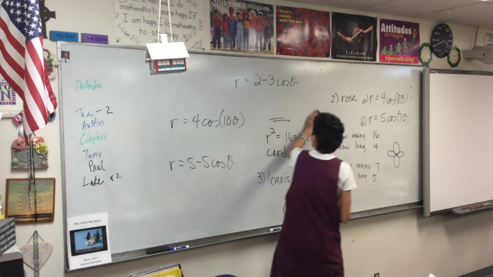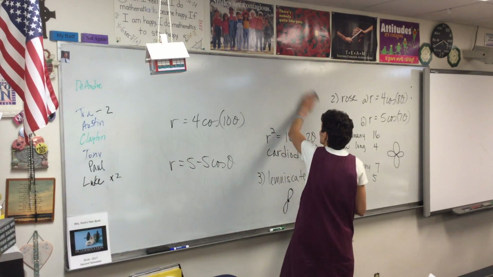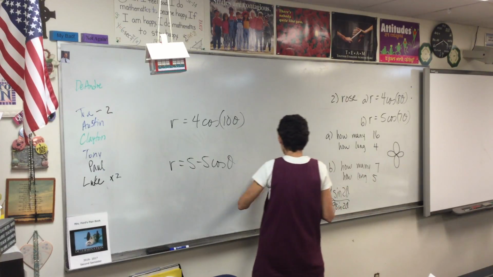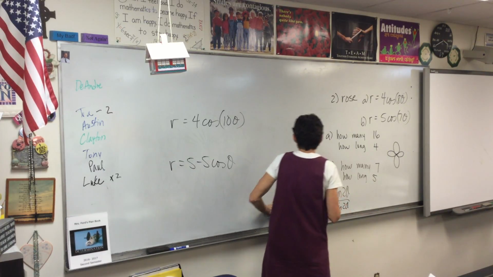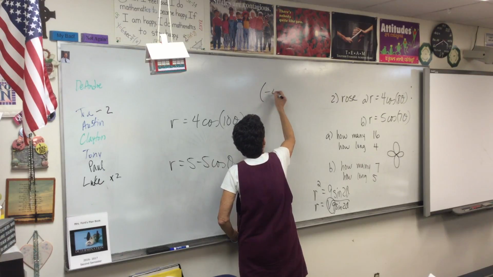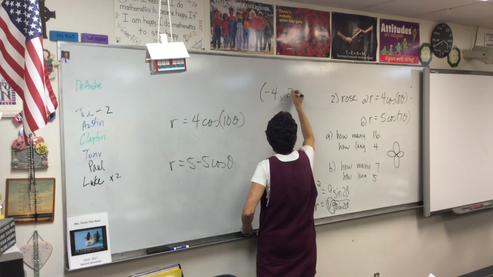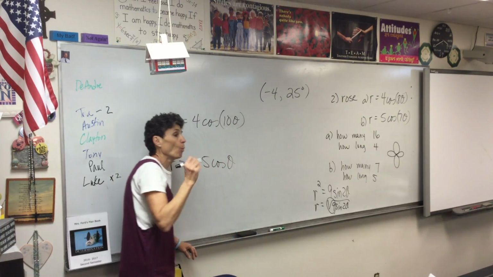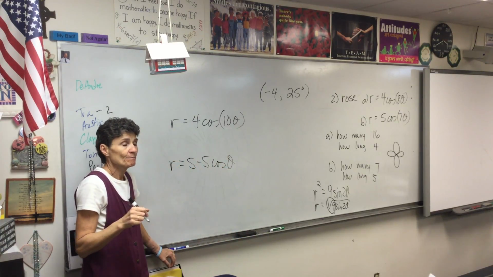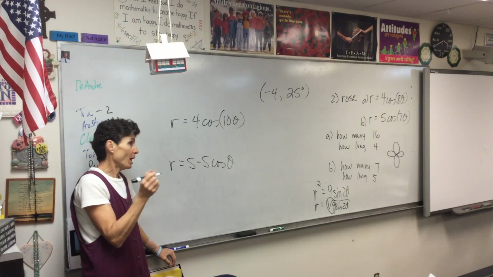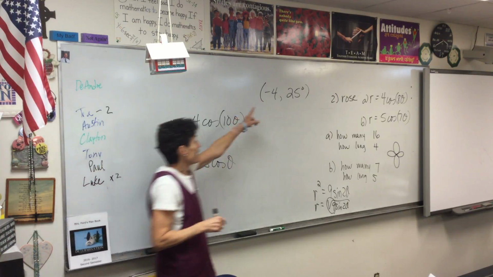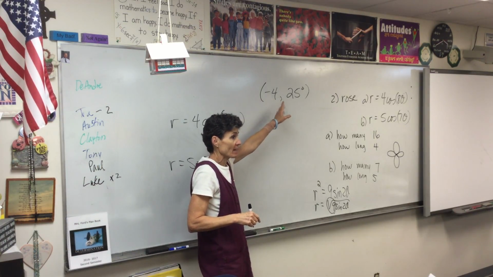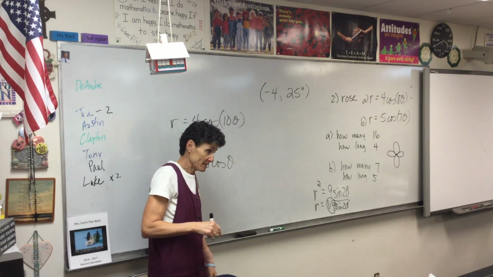What if I said, where would you plot the point -4, 25 degrees? You cannot plot it on a negative circle. That's an R value. So we're gonna flip it.